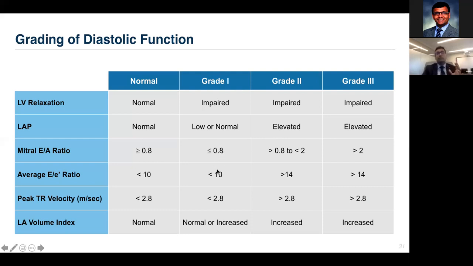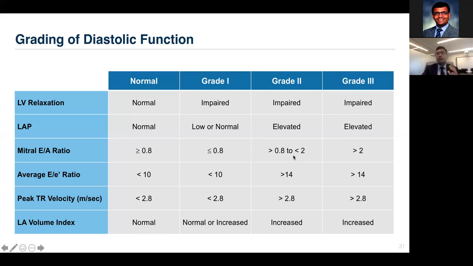If this is accompanied with a normal E by E prime ratio, a normal TR velocity, a normal LA volume, then you know that this patient doesn't have elevated filling pressure and this patient has grade 1 diastolic dysfunction. If 2 or more of these are abnormal, even if the E by A ratio is below 0.8, then it could be an elevated filling pressure, and you go into grade 2.